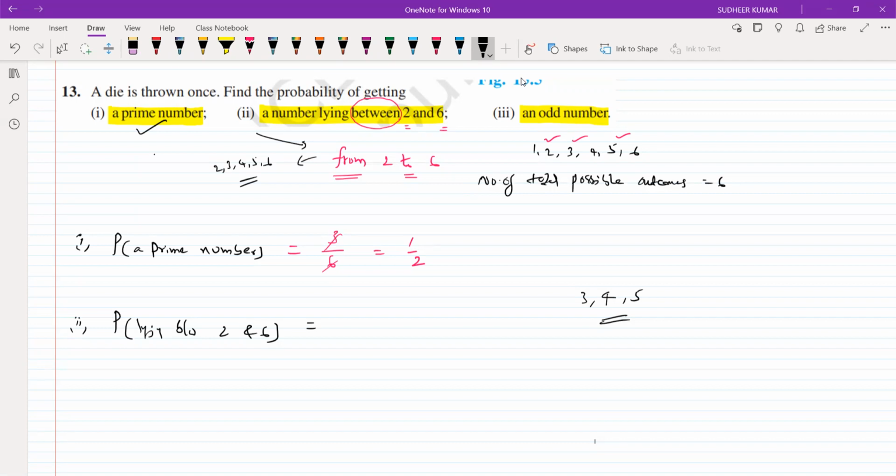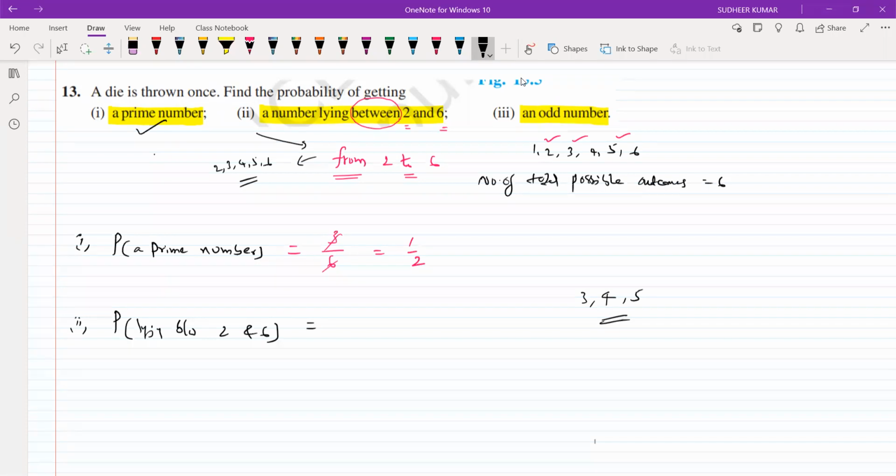So you should understand that when it is given between two values, the extreme given values should be excluded, and we take only what is in between. If it is a number from 2 to 6, we include 2 and 6 also.